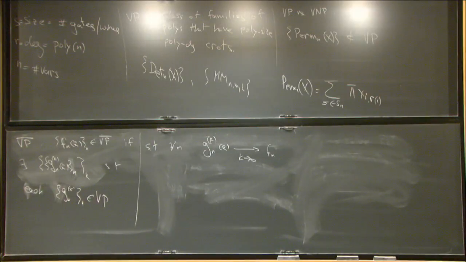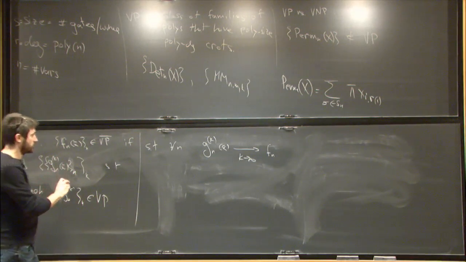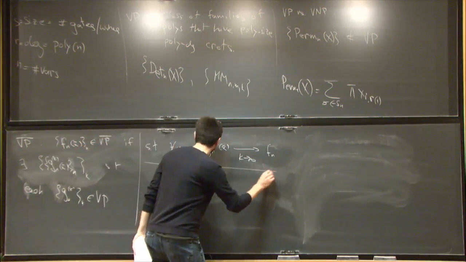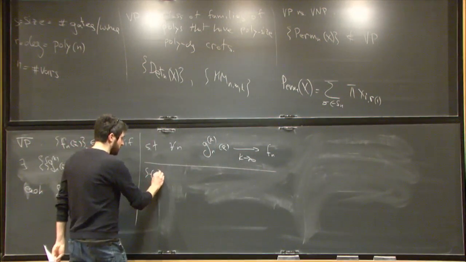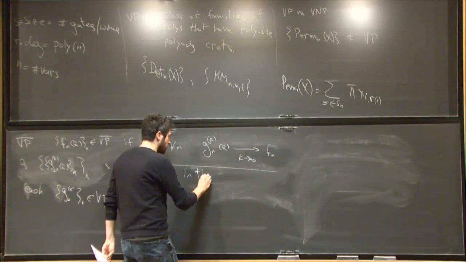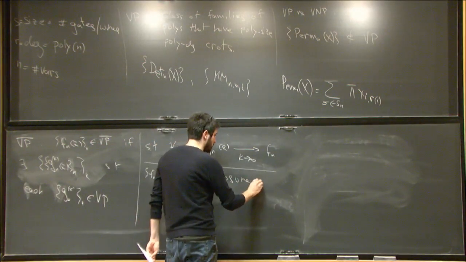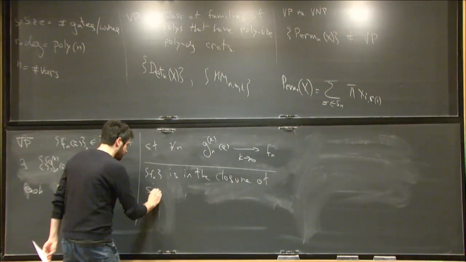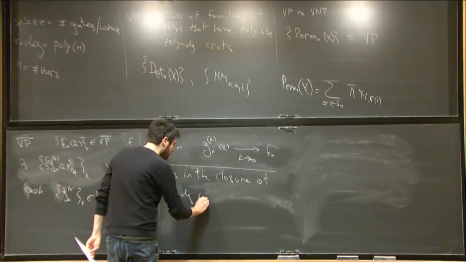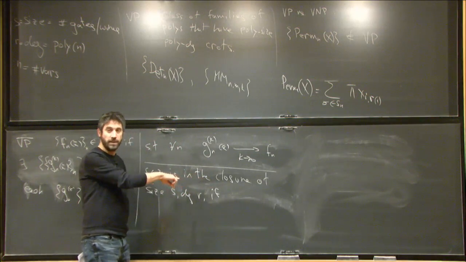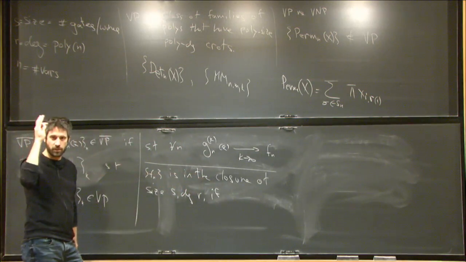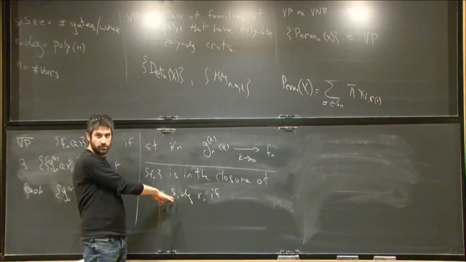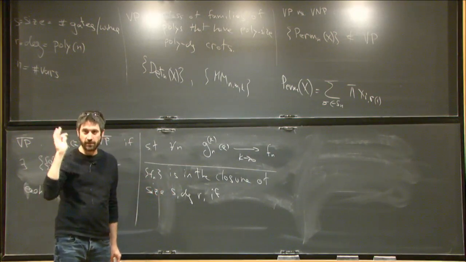So the definition of the limit. Let's say that a family F_n is in the closure of size S and degree R if there exist families G and K. What we'll be interested in is not the general closure of VP, but rather you fix some size bound, let's say n to the 10.